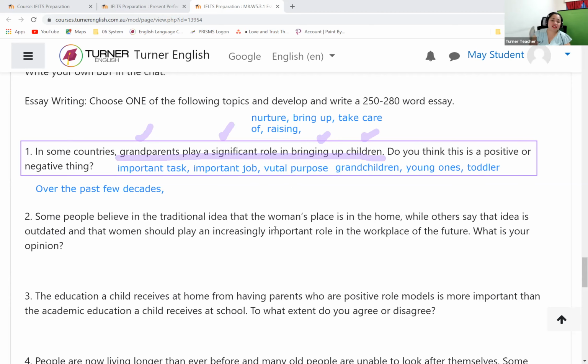Okay, so these are just some of the things. If we're going to write that, then we need to have a present perfect tense.